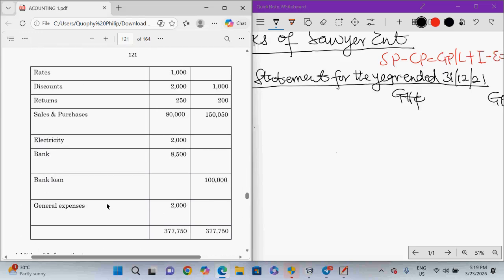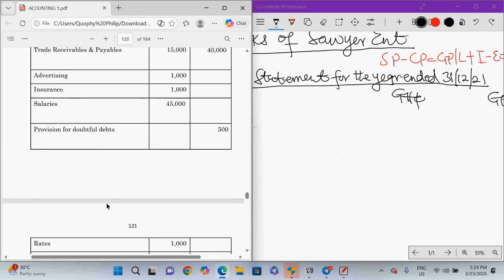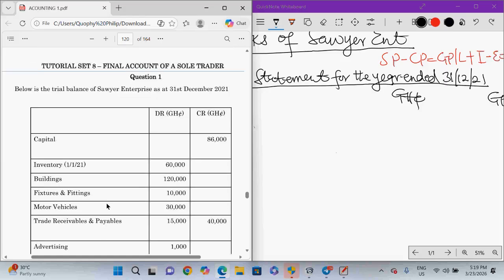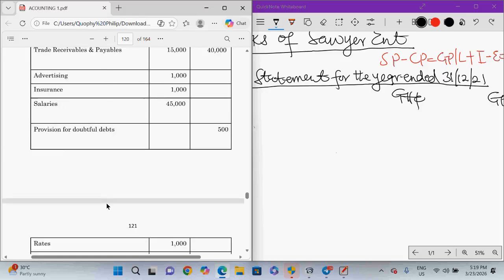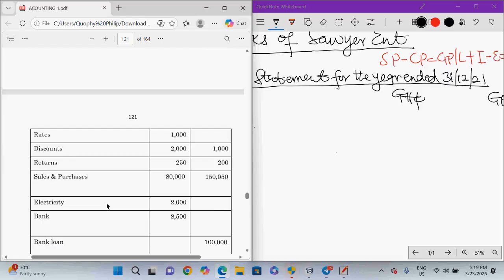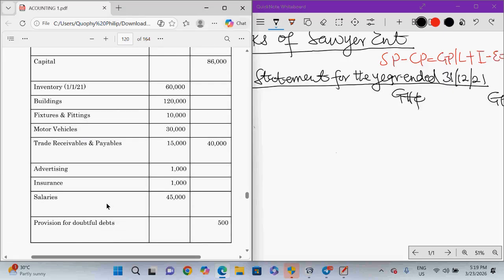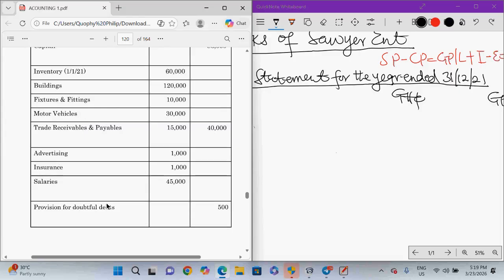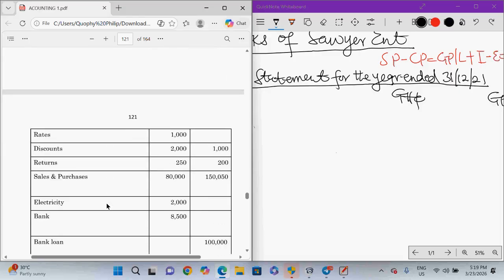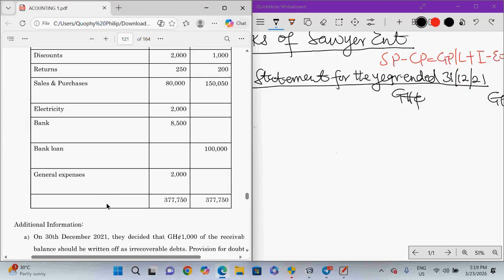Once you do this, if you start working and you are looking for something, these items are not many, and you can get a question where the items are many. So you have to go through them. You mention them on your lips. Capital, inventory, buildings. If you start working and you are not sure if maybe you have something like that in the question, you'll be like, I remember mentioning this.